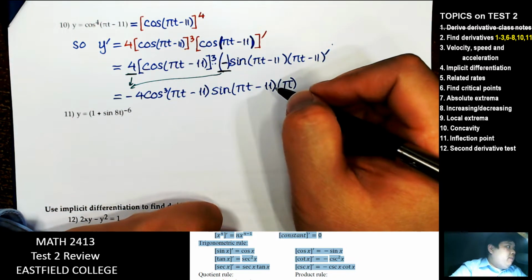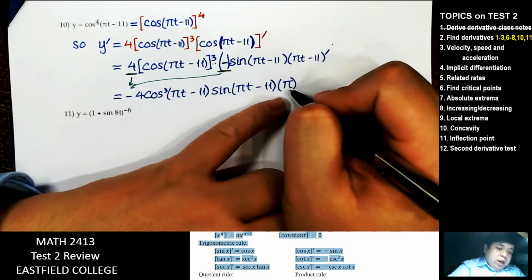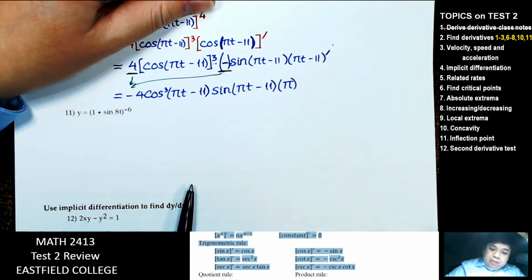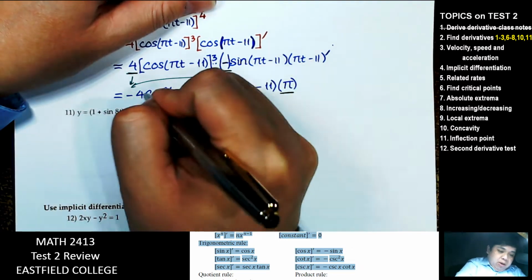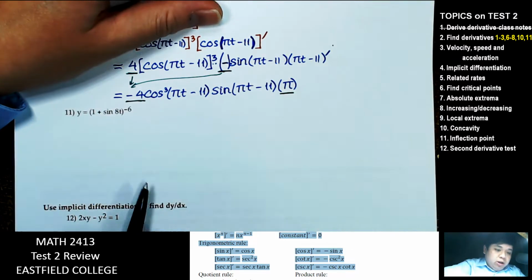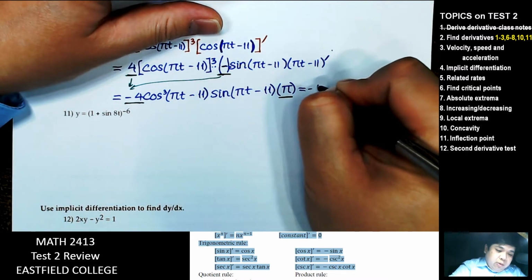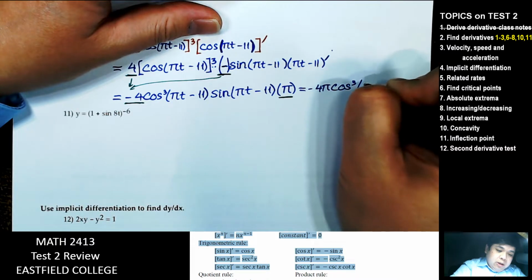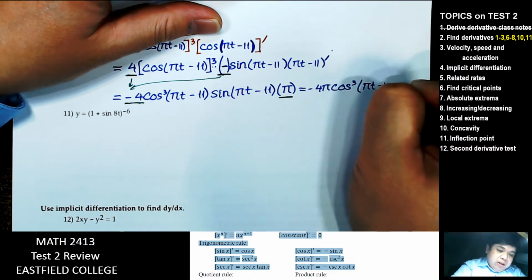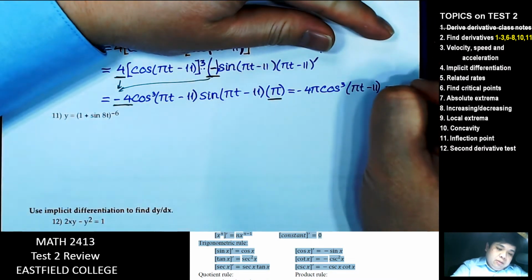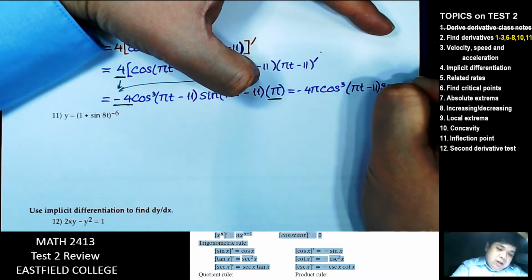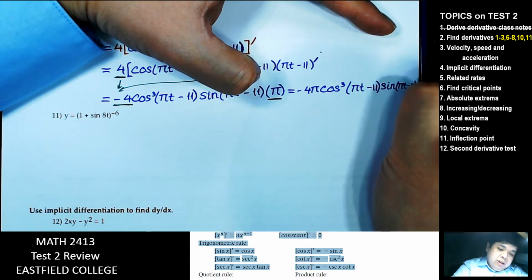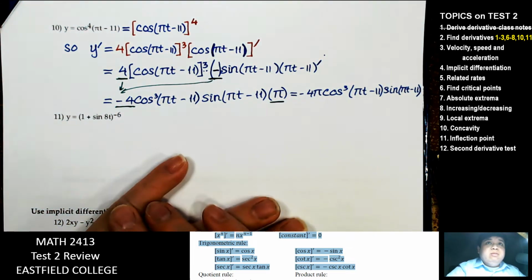Right, now we can also write the pi in front of this, so we multiply pi times negative 4, so it's negative 4 pi cosine cubed of pi t minus 11, sine of pi t minus 11, and there will be no more derivative, and we are done.